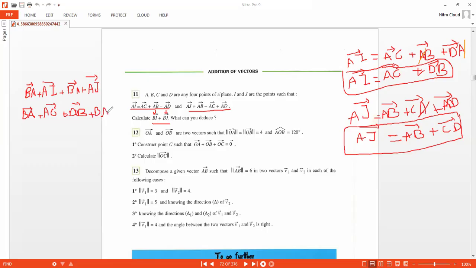BA, okay, plus AJ. Instead of AJ, I'm going to write AB plus CD. Now let us choose some vectors to combine together. The first thing is that we have BA and BA.